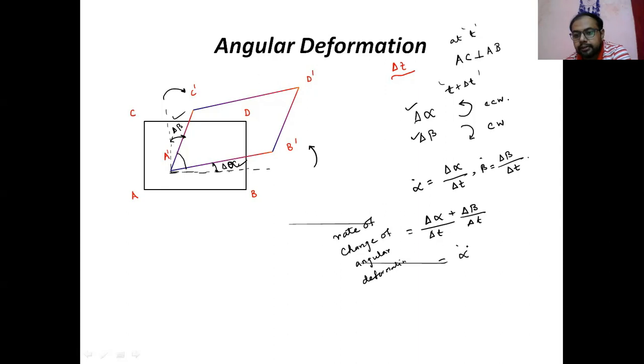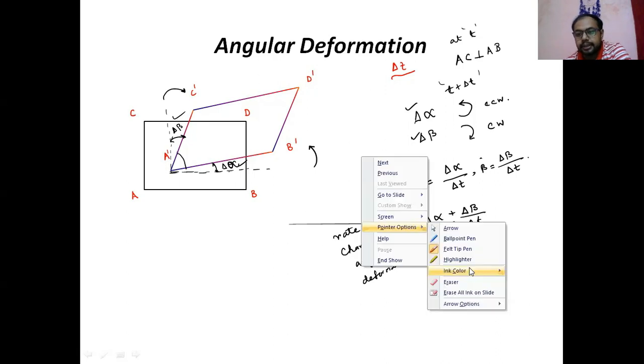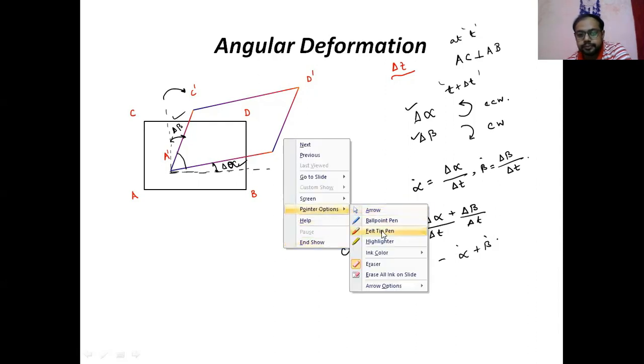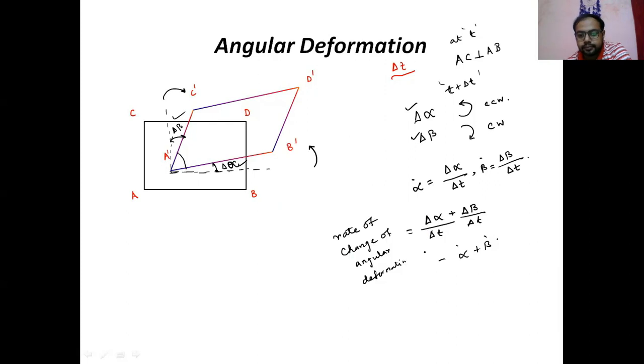So better to write it down. Alpha dot plus beta dot. This is alpha dot plus beta dot. Okay. So that is the angular change, alpha dot plus beta dot.